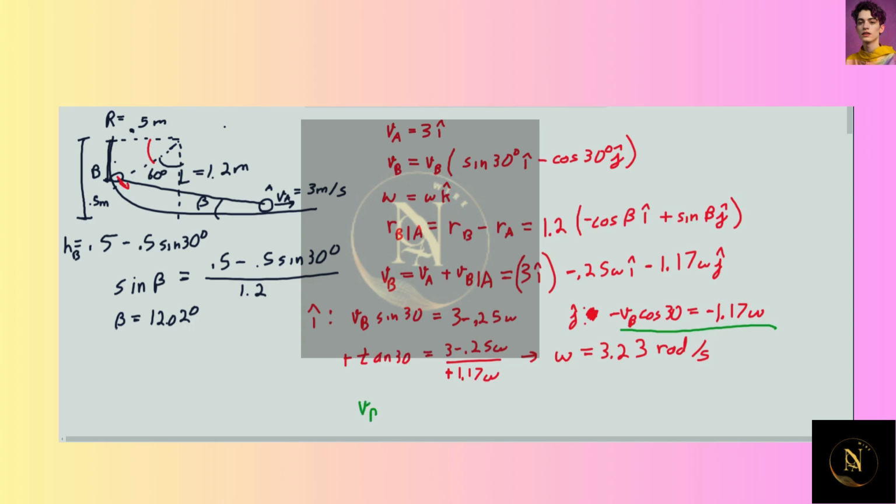So we find that VB equals 1.17 omega over the cosine of 30 degrees, where we just found omega, and we find that the velocity is 4.38 meters per second. And one more quick thing about omega, I did not say what direction that is, but since B is lowering and A is staying the same, that means that the rotation must be counterclockwise. So CCW.